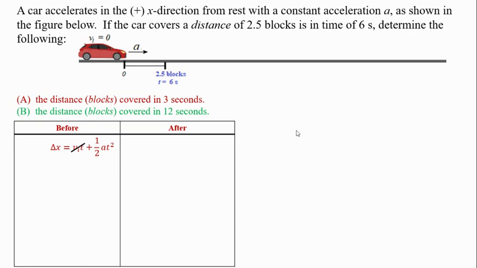The wording says it starts from rest, so we can cross out the VIT term, which leaves us with delta x, your displacement, equal to 1/2 AT squared. I substituted delta x here because the diagram gives us a reference point. At 6 seconds, the car has accelerated a total distance of 2.5 blocks, which is the same as your displacement because the car is just accelerating to the right of the screen.